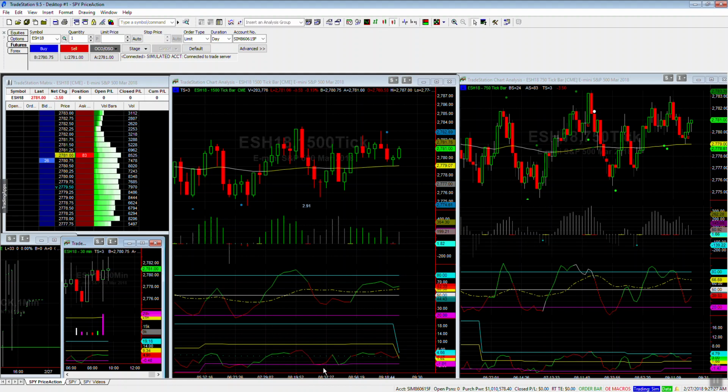It's at the pullback line, and it can't get above it, and it retraces back down.